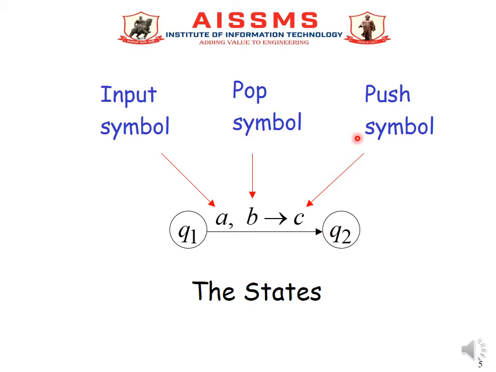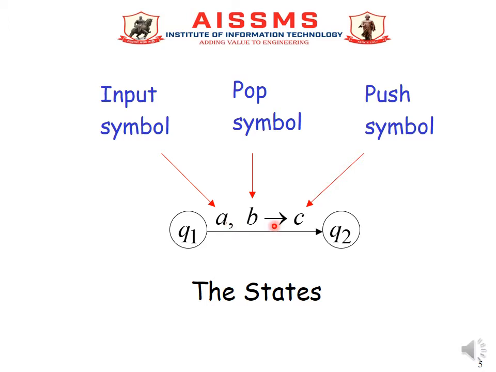The transition in push down automata can be shown as a directed edge from the state Q1 to the state Q2. While moving from the current state Q1, the machine can perform various stack operations. This transition edge from Q1 to Q2 is marked with the operation.